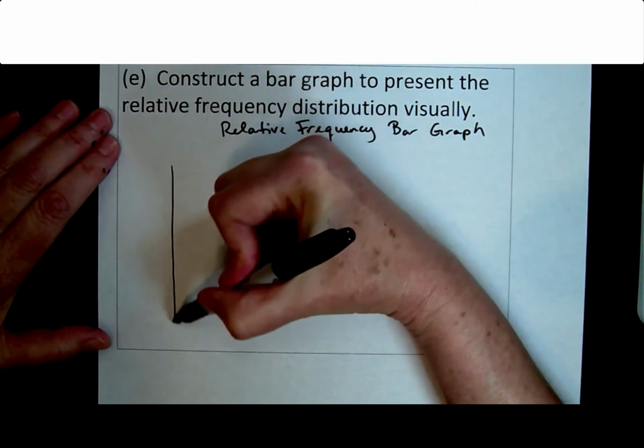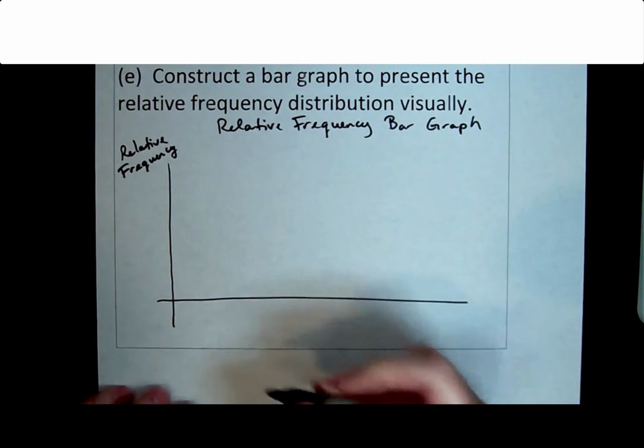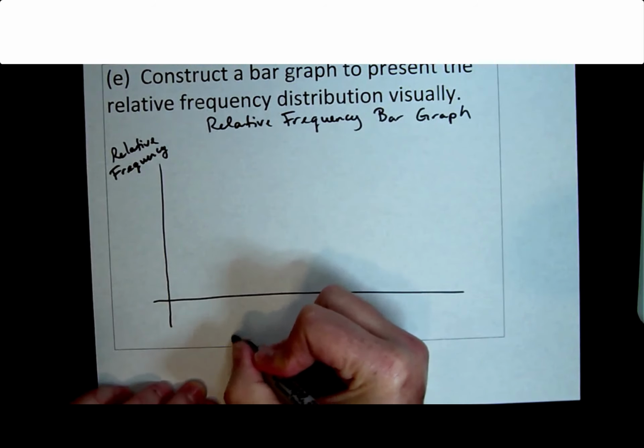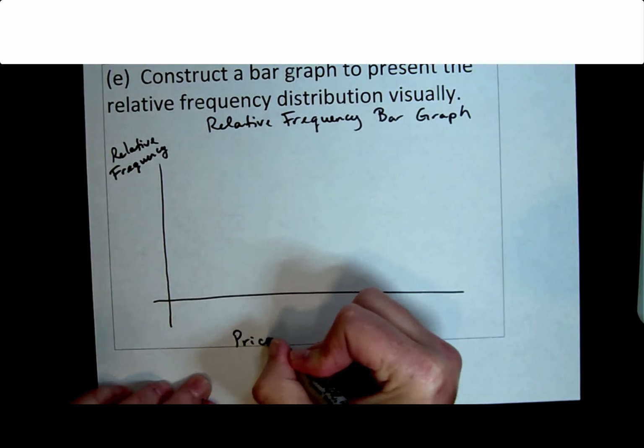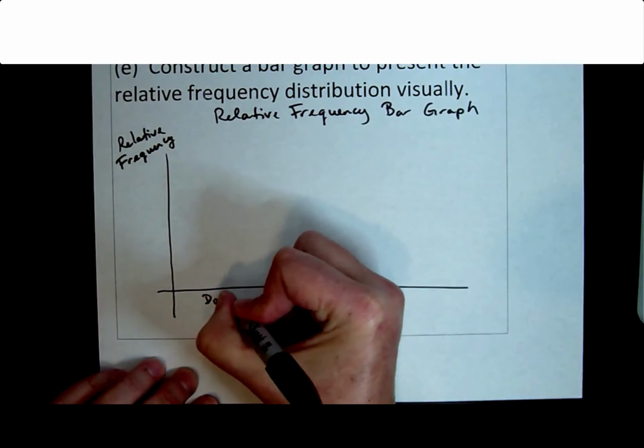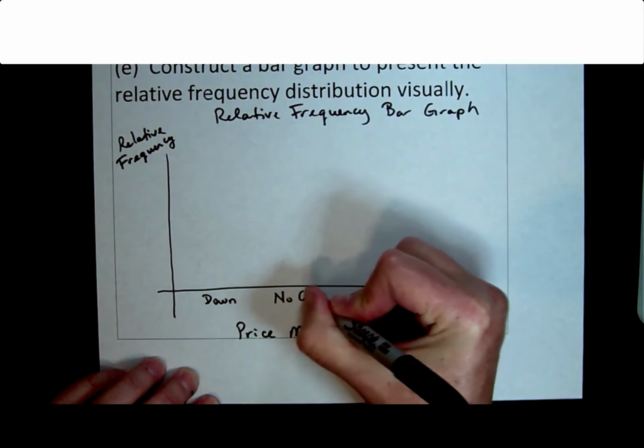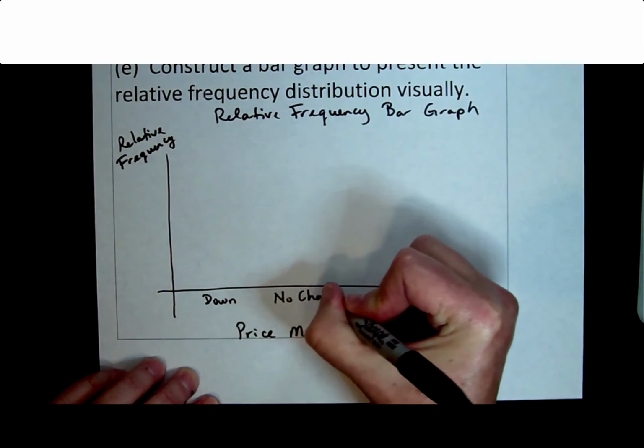That needs to go up to 0.5. Here's a horizontal axis for the price movement. And the categories for the price movement variable, again, were down, no change, and up. Let's see, I said this should go up to about 0.5, so 0.4, 0.3, 0.2, 0.1.